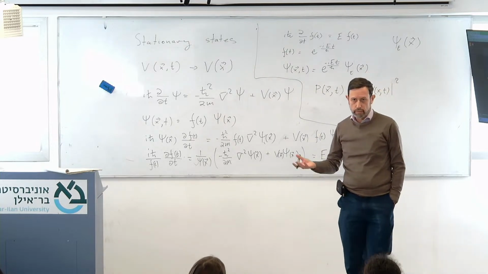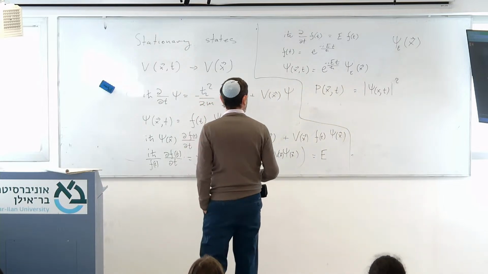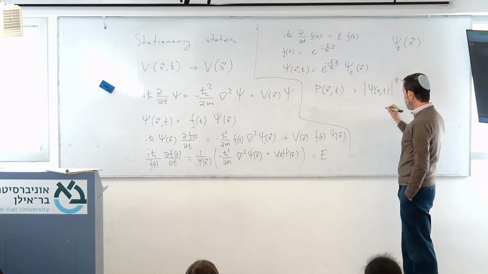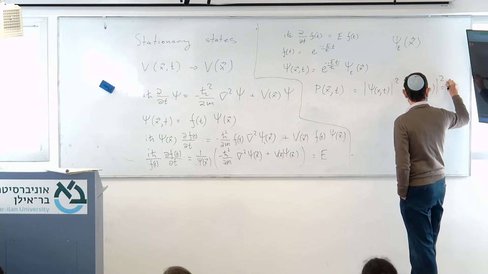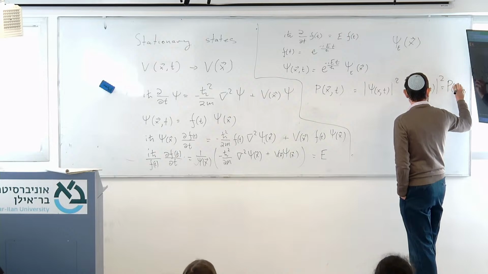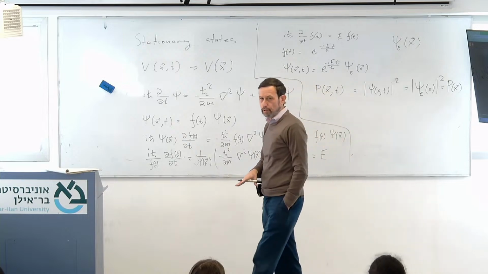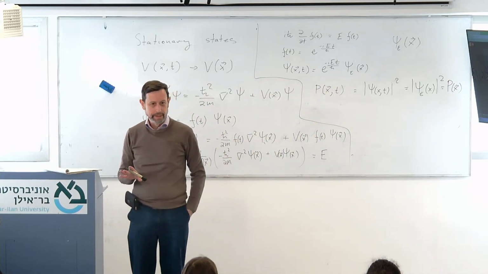That's what we did in the previous lecture. In this case, the phase cancels out. The probability depends only on the position, doesn't depend on time, doesn't change with time.